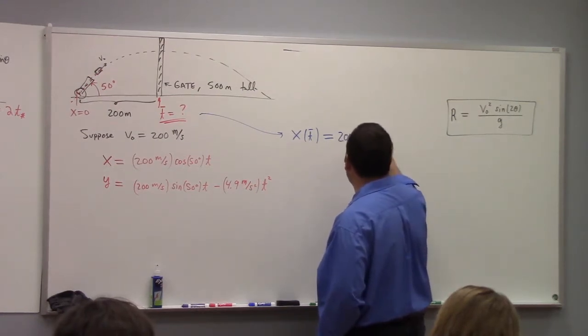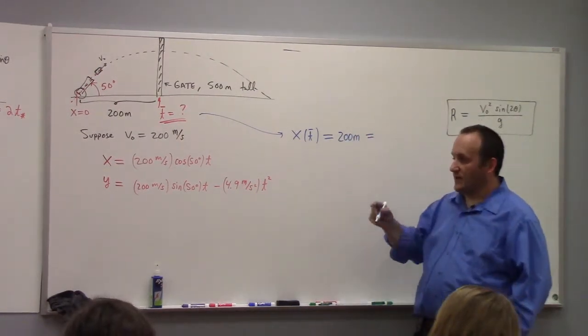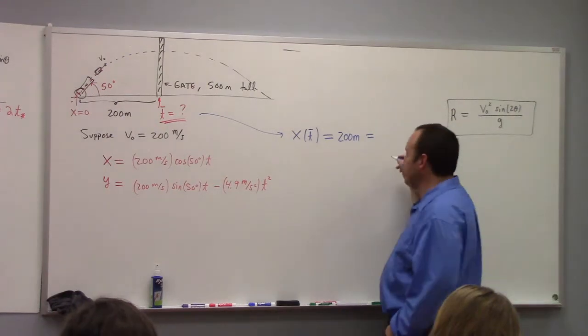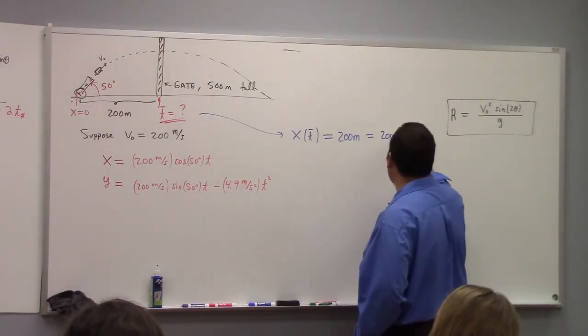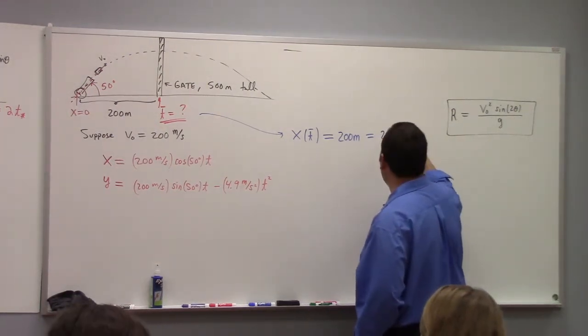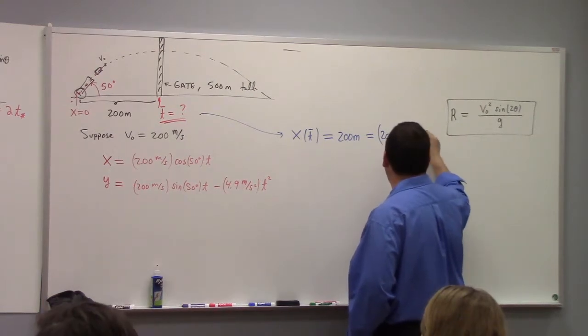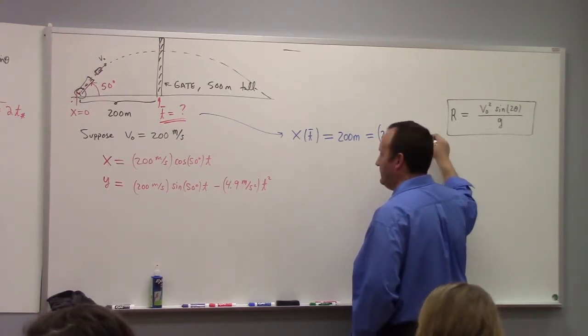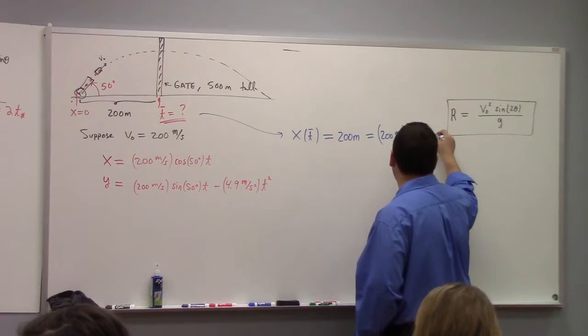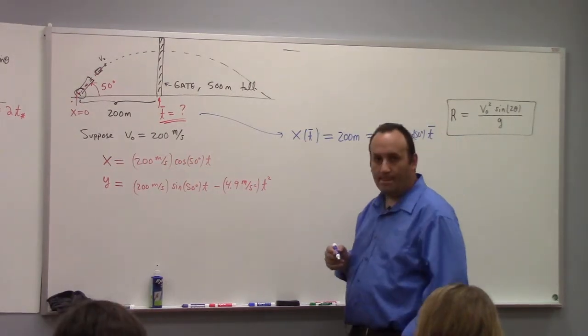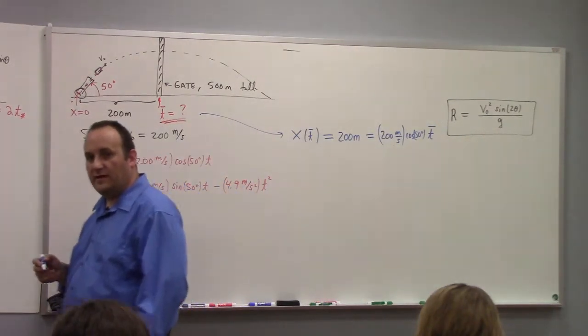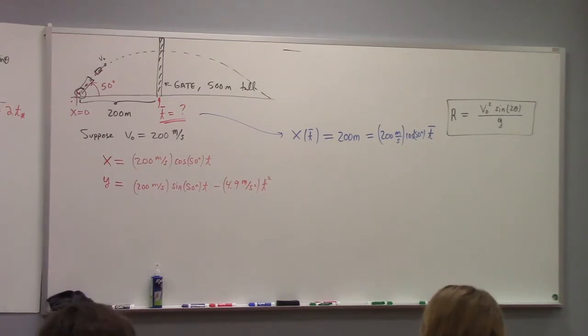But what else is x equal to? x is equal to 200 meters per second times the cosine of 50 degrees, times the time that I don't know, this T-bar. Aha! Because we have constant velocity in the x direction, if we know a distance, we know a time.